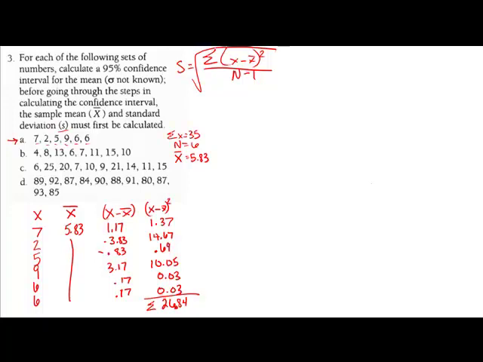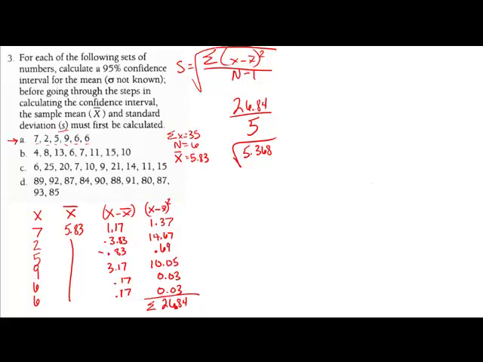Okay, I got the sum of the squares. That is 26.84 divided by n minus 1. N was 6. So let's divide that by 5. That is 5.368. Take the square root of that.